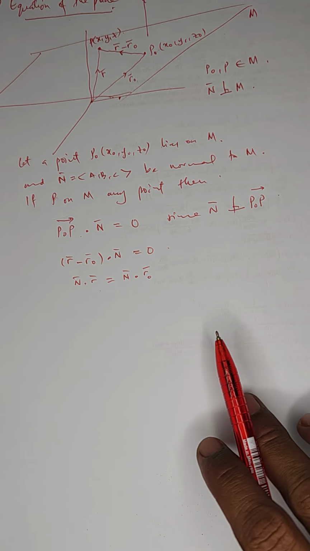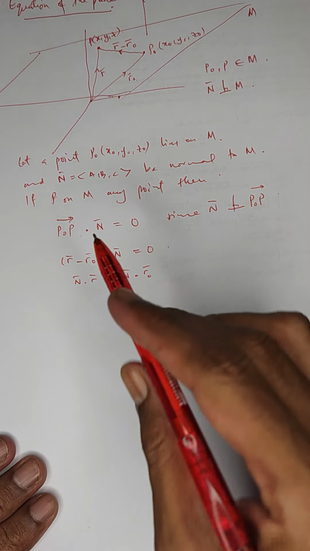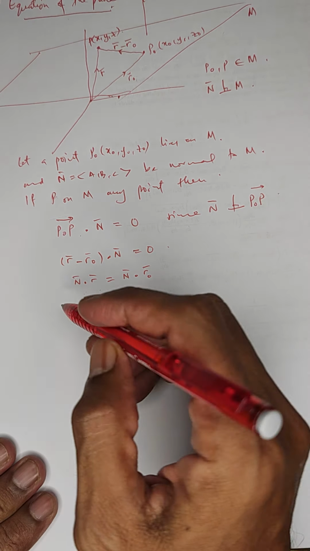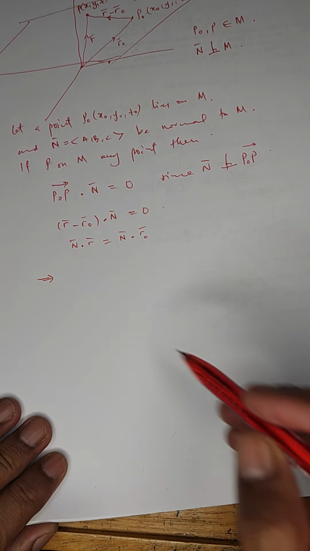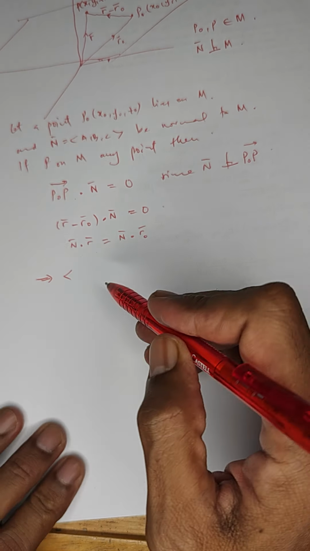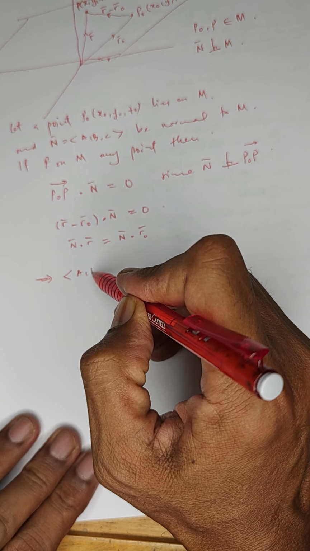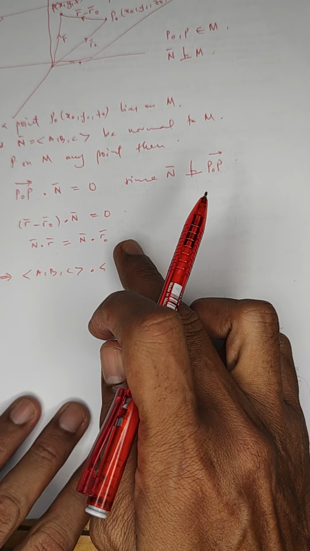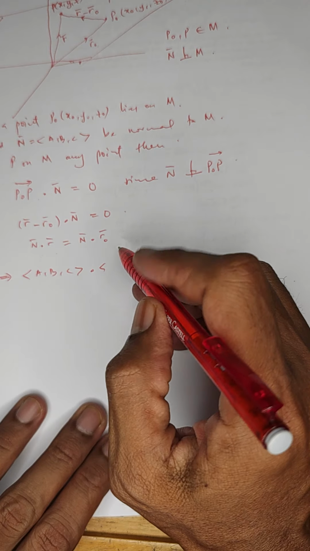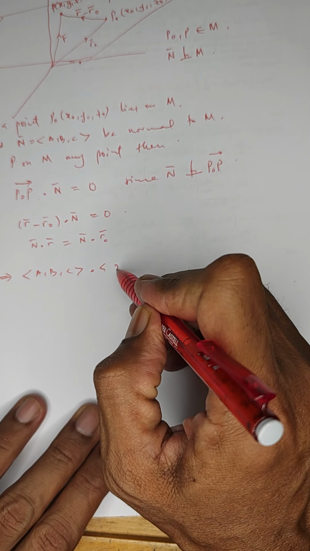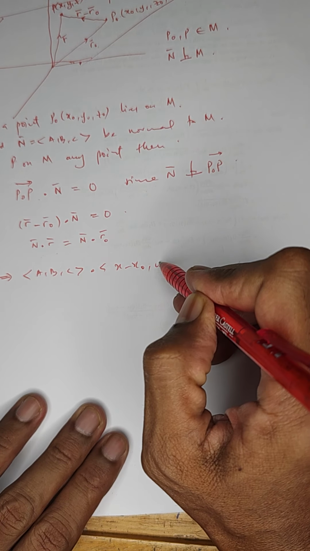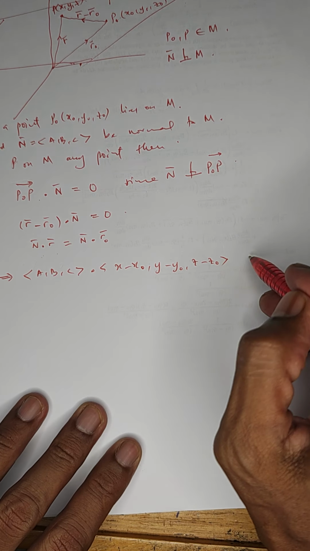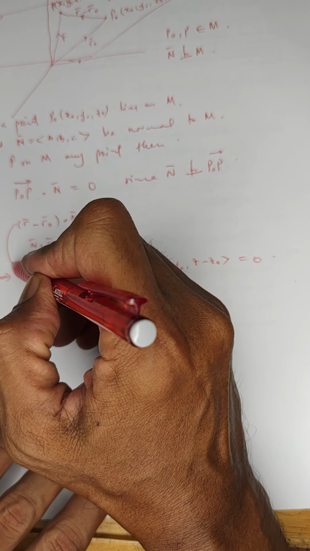And if we split n, R and R0 and write that in terms of components, we have a, b, c, and R minus R0 is x minus x0, y minus y0, z minus z0. That gives you 0.